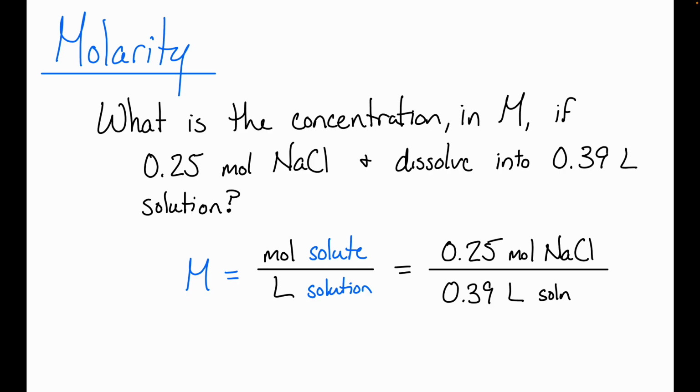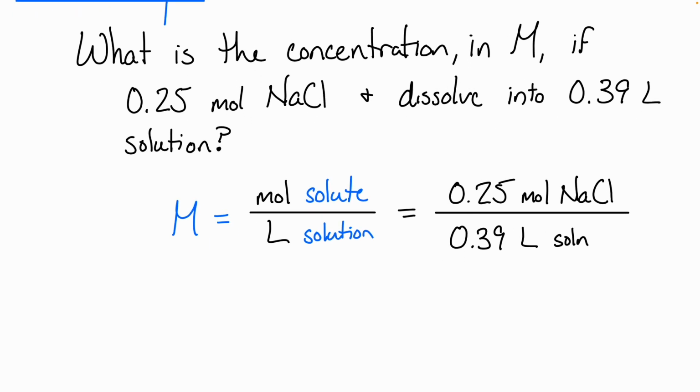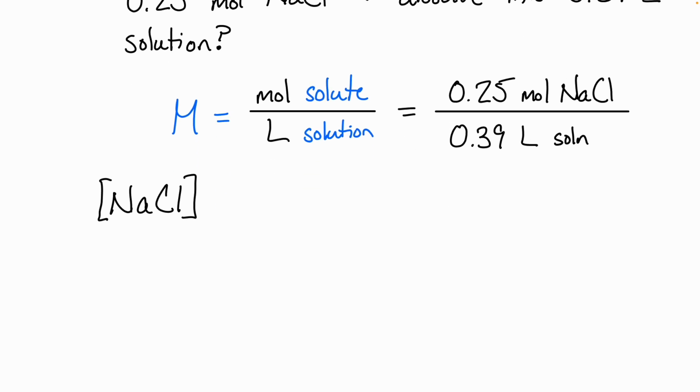All right. Let me show you some notation that we use here. Since we're specifically talking about sodium chloride, whenever we're talking about concentration in units of molarity, we have this shorthand that we would use, which is this bracket notation. Bracket NaCl.